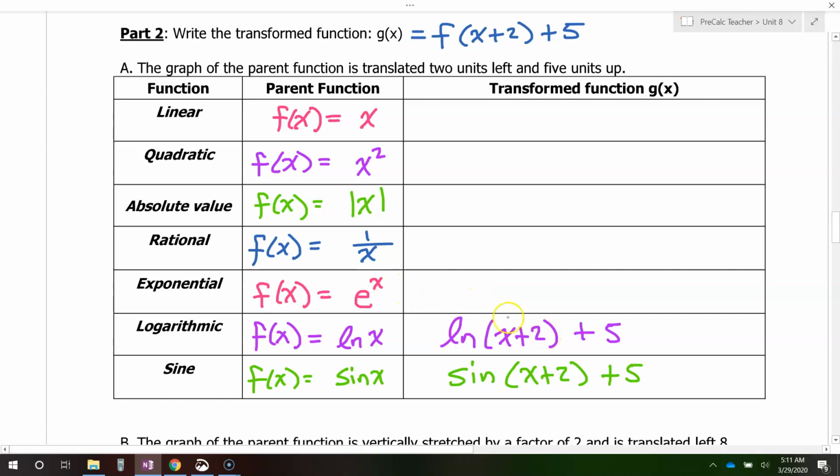That's where the x plus 2 is going to go. So this would be e to the x plus 2 power. This one's a little bit strange, so I need you to soak this in. Having a plus 2 in the exponent, that's your left 2. That's what it means to be inside the function for an exponential function. Anyway, the plus 5 part is pretty obvious. It's still going to go on the end, like always.